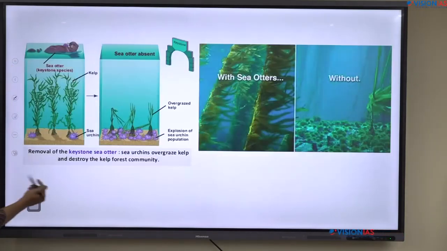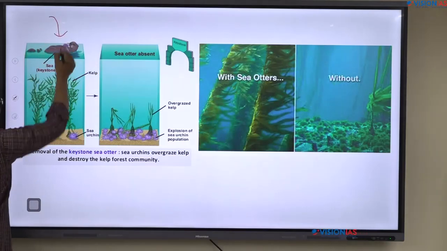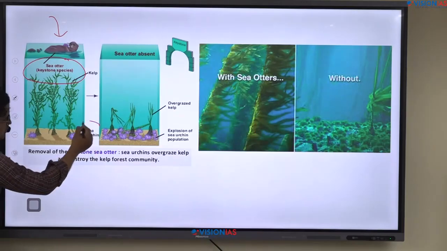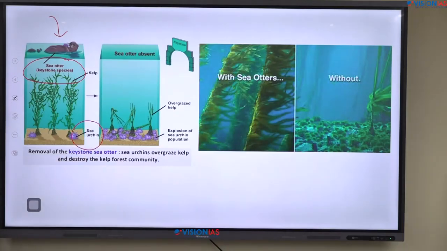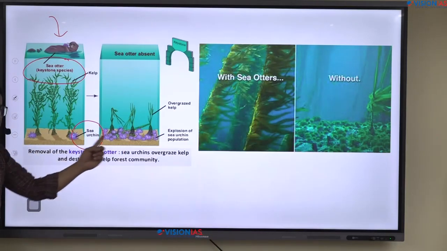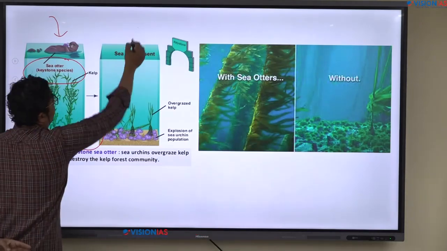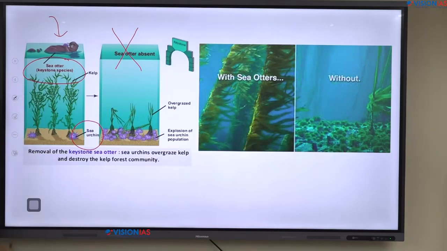For example, sea otter. Yesterday you have written about sea otter, IUCN status near threatened. So sea otter is a species which lives in water. Sea otter consumes urchins, this blue species that you see here. Sea otter eats them. You remove sea otter. There is no sea otter.